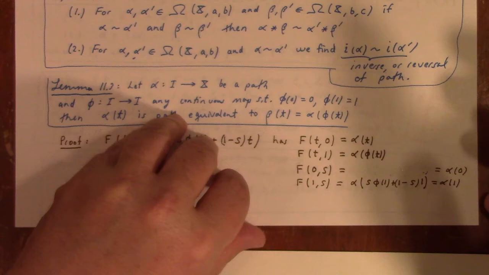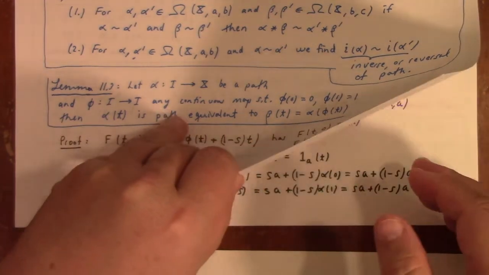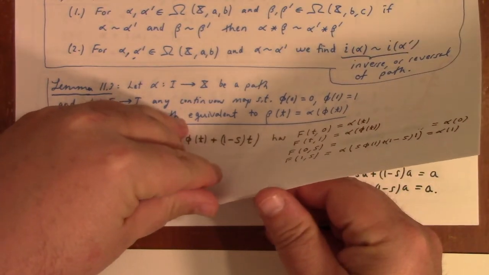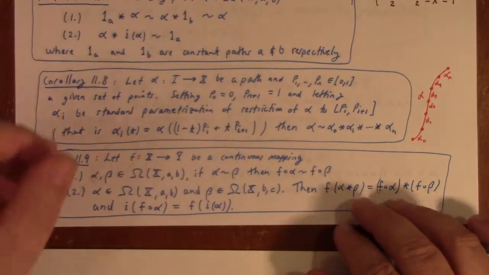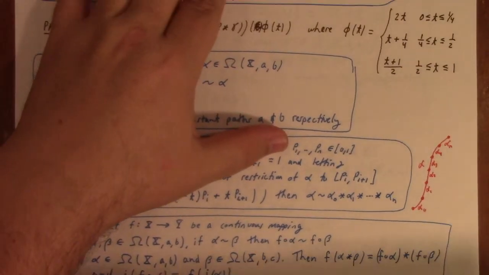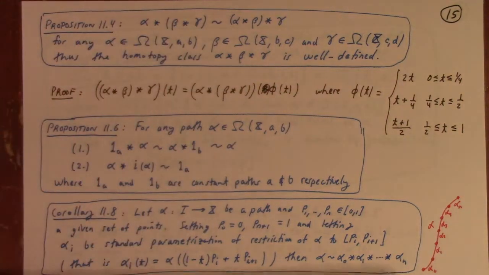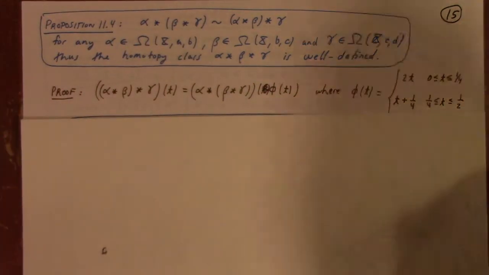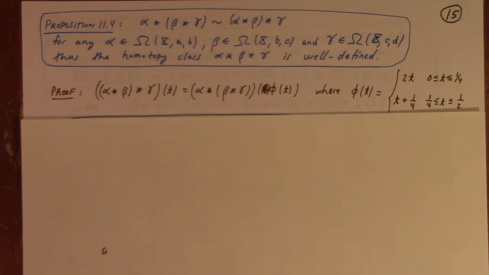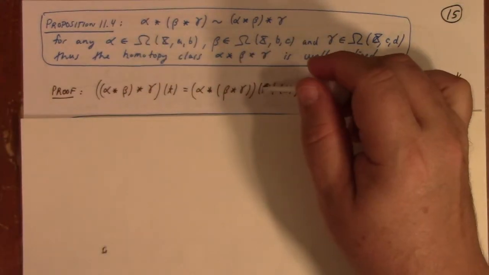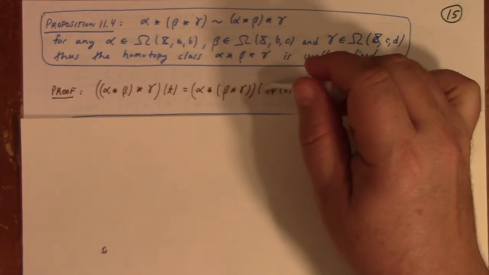We use this lemma in the next page because he bumps it up a notch here and talks about the associativity of the join with respect to the path equivalence. In particular, if you have three paths, alpha, beta, gamma, and you join alpha and beta and then join gamma, or if you join beta and gamma and then join alpha, it doesn't matter in the sense that they are homotopic in terms of the path homotopy.